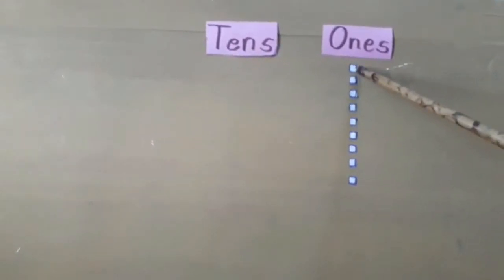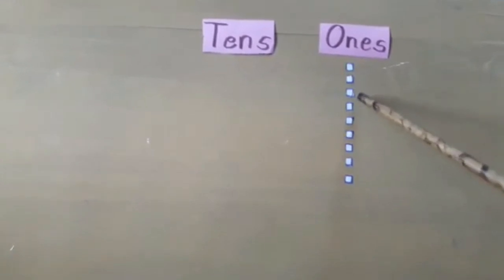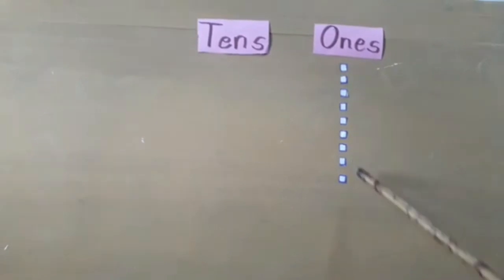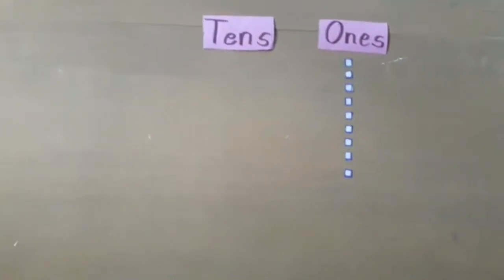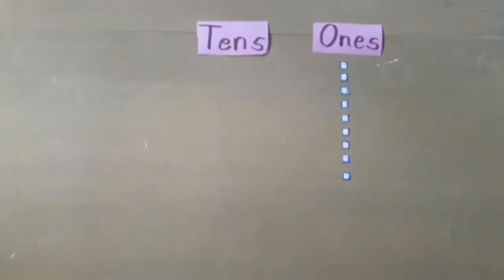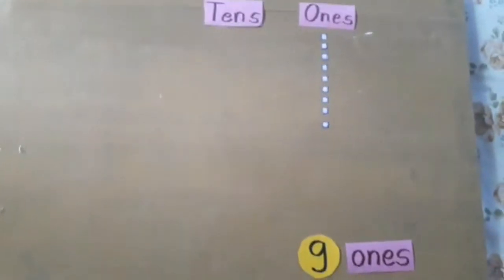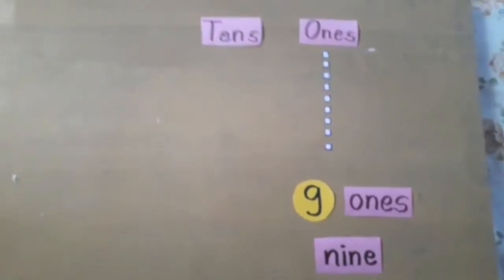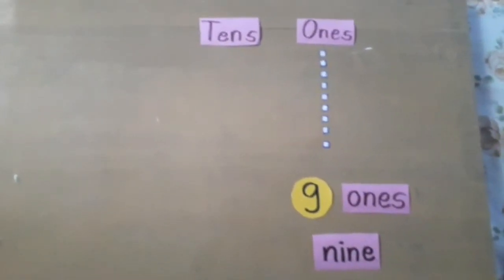Here see 1, 2, 3, 4, 5, 6, 7, 8 and 9. 9 squares are there, so we tell it as 9 ones, and we write it as 9.